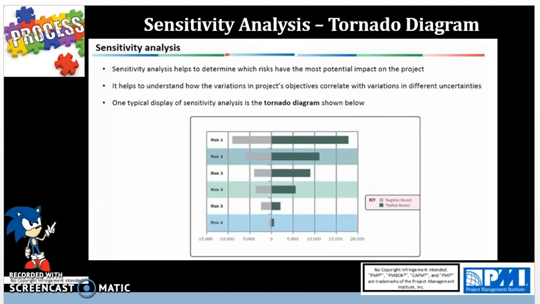And next we can see here is the sensitivity analysis tool, also known as a tornado diagram. You can see the diagram here looks like a tornado. We're basically looking at the sensitivity or the reaction to the different risks and what the impacts look like. So here we see that we can focus on risk 1, 2, and 3 in a positive fashion, where we're going to gain some benefit and use that as an opportunity and focus on that.